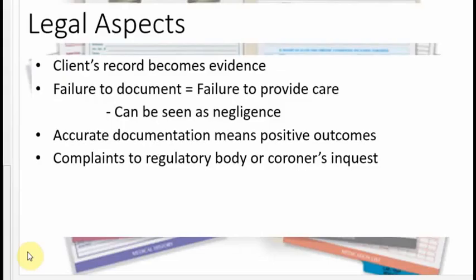The better you document the care you provided, the better the patient outcomes will be. Complaints to a regulatory body or a coroner's inquest will always go back to the chart. A health record tells the story of the client's situation and enables others to understand the treatments and care they received. From a legal standpoint, the client's record becomes the evidence if a lawsuit is initiated. So it's super important.